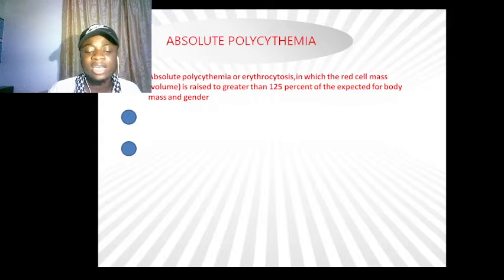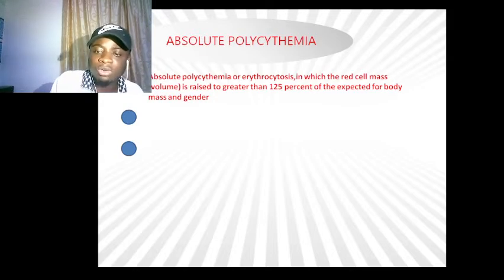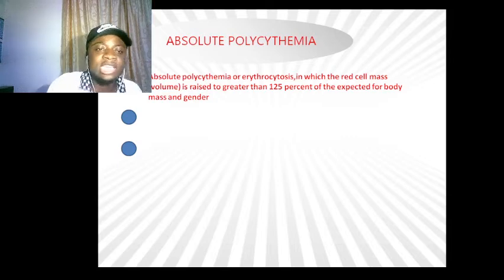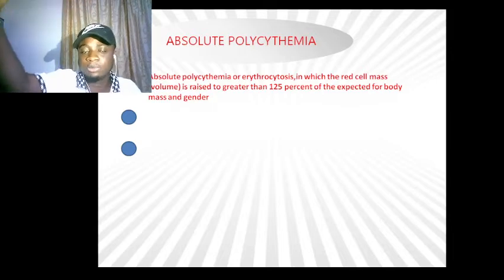Remember that here there is increase in red cell mass, not plasma volume. I hope you know the difference between red cell and plasma. When you spin a sample in an EDTA tube, you get to know that there is separation. You have the upper layer, which is straw color, which is the plasma.